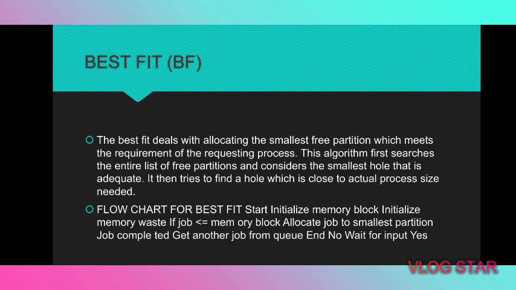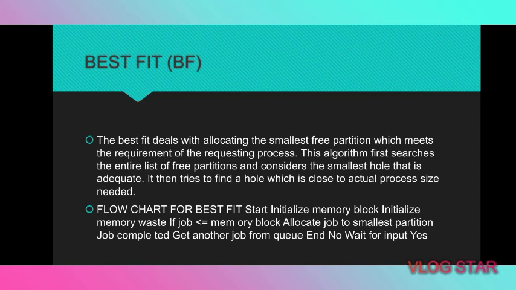So best fit, or the BF. The best fit deals with allocating the smallest free partition which meets the requirements of the requesting process. This algorithm first searches the entire list of free partitions and considers the smallest hole that is adequate. It then tries to find a hole which is close to the actual process size needed.